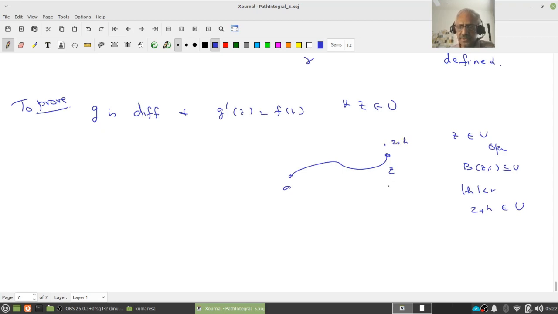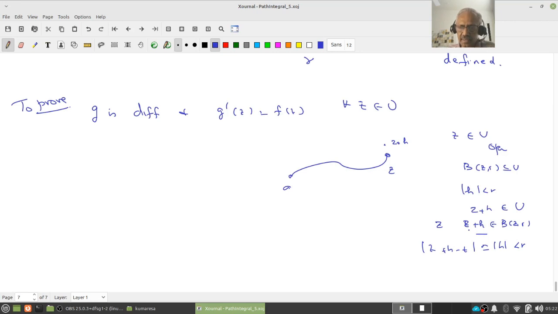Actually z plus h belongs to B(z, r), because mod of z plus h minus z equals mod h, which is less than r.